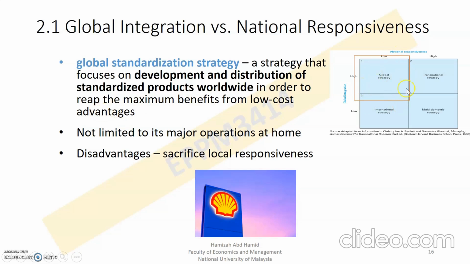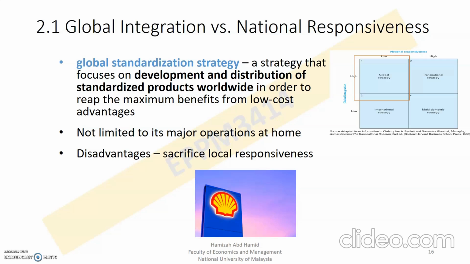And because of that, the pressure for national responsiveness is low. Like I mentioned before, you don't need to adapt oil for each market. It just does not make sense, because this type of market usually has a homogeneous product. You do not need to adapt them so much.